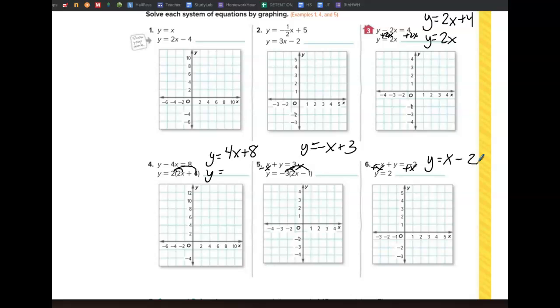Open your notebooks to page 42. Show me with your arms what type of line this is going to make. Y equals 2. What type of line is this going to make?